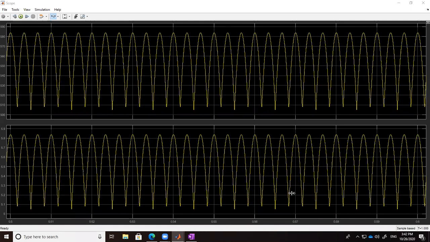The frequency of supply is 50 hertz. What will be the time period of the supply?